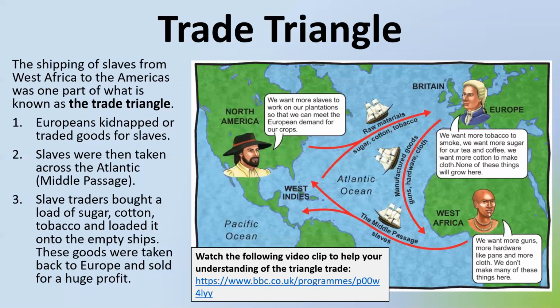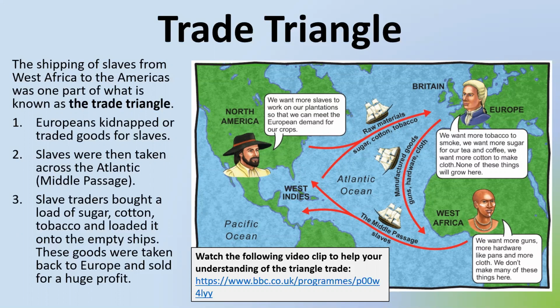So let's start by looking at the trade triangle. This is the shipping of slaves from West Africa to the Americas, and it becomes known as the trade triangle. Europeans would sail to West Africa, and they would trade goods for slaves.